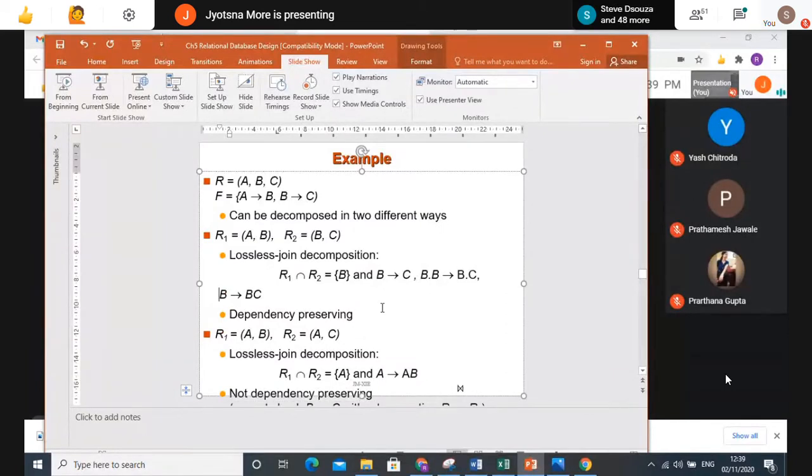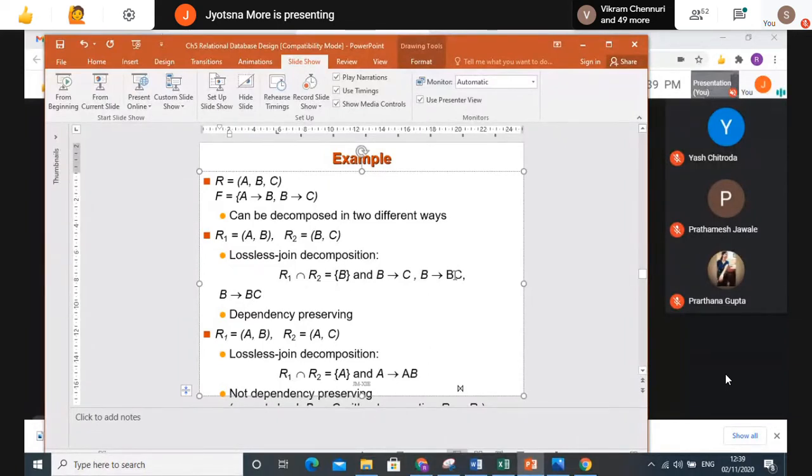So this is what I have written. I have taken the functional dependency which is present over here, and I have augmented with B on both sides. If you are augmenting, then you have to augment both sides. B into B will be B finally, so it will be B and BC. That is BC, which is here, right?